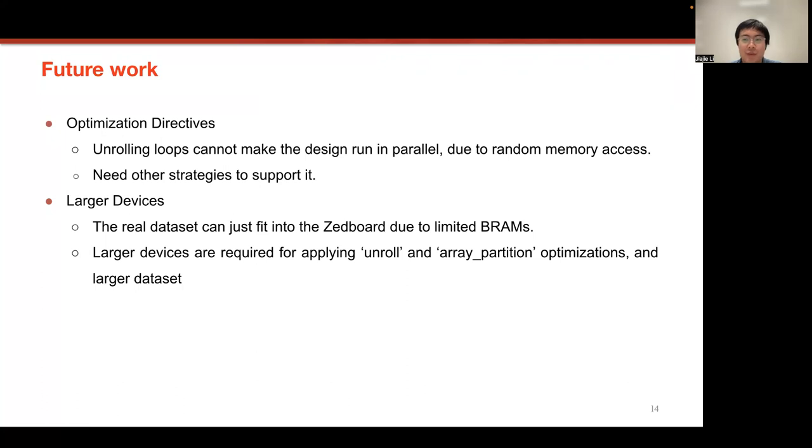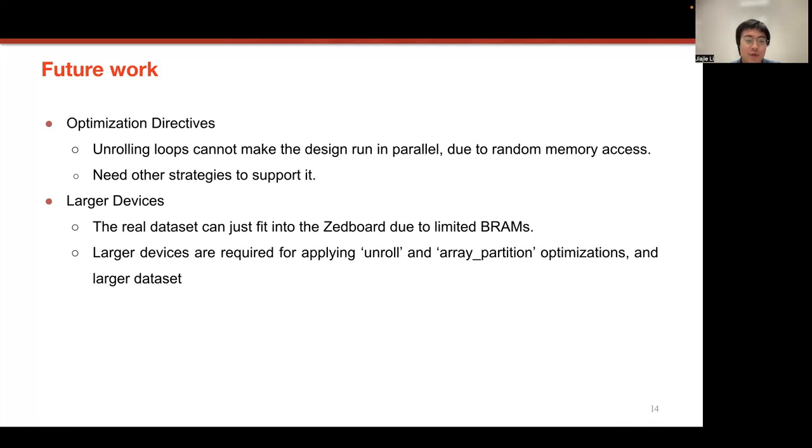Here we have a random distribution for each memory access so that we cannot directly tell the synthesizer which part of the memory we want to utilize for each unrolled loop. So we would need other strategies to support it.